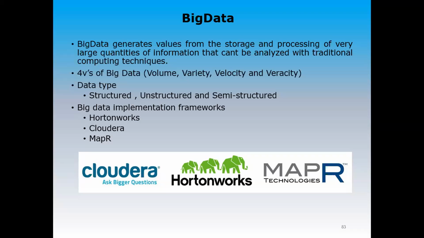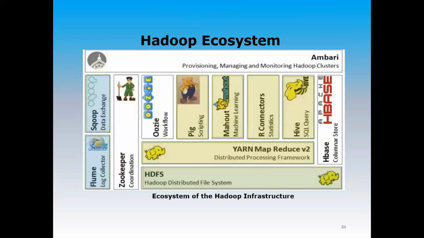And there are things like Cloudera and MapR where you store the data. So this is the complete Hadoop ecosystem in your cloud, how the data is going to be managed and stored. There's HDFS, the Hadoop Distributed File System, which says how exactly the data is going to be stored in the form of a file system.